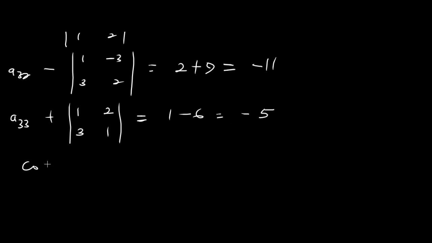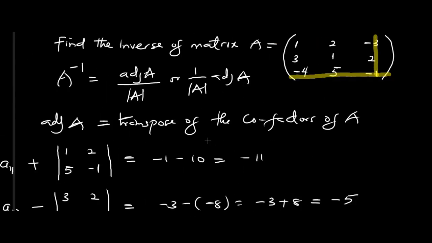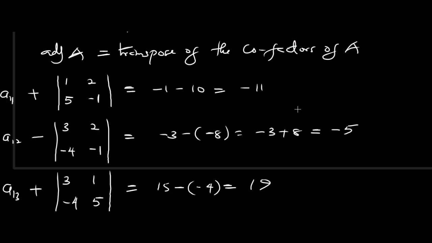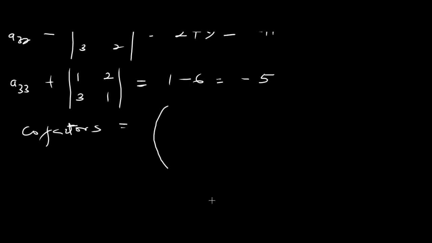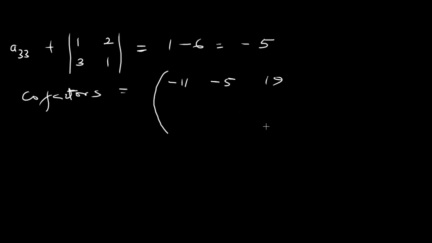All right. So what will be the cofactors of this matrix? The cofactors will now be all of the results that we have gotten. So you now start arranging from the beginning. We got minus 11, minus 5, and 19. So that will be our first row. Then we got minus 13, minus 13, minus 13.